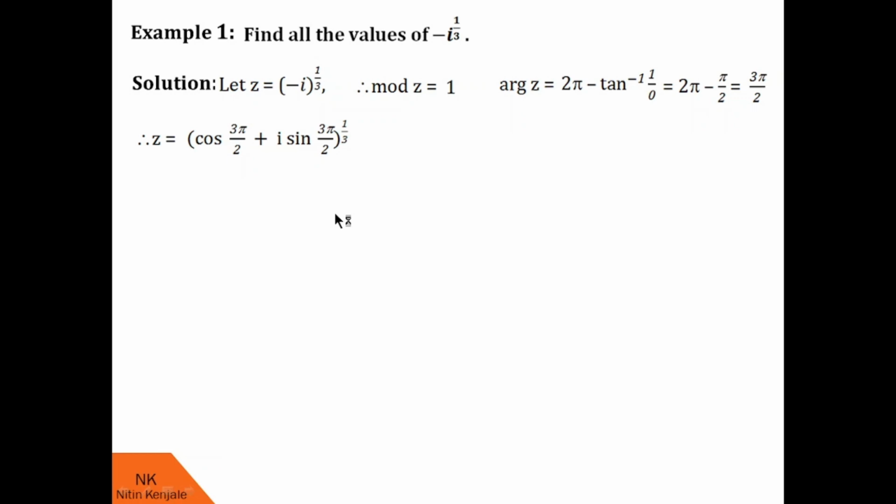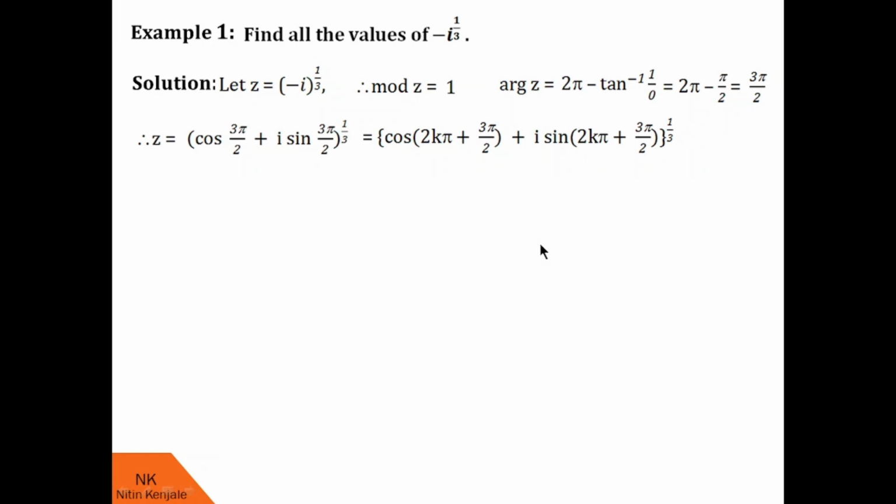Now according to the second step, we have to use the relation cos of (2k pi plus x) is equal to cos of x and sin of (2k pi plus x) is equal to sin of x. After replacing the cosine and sine functions, we get (cos of (2k pi plus 3 pi by 2) plus i sin (2k pi plus 3 pi by 2)) whole raised to 1 by 3.